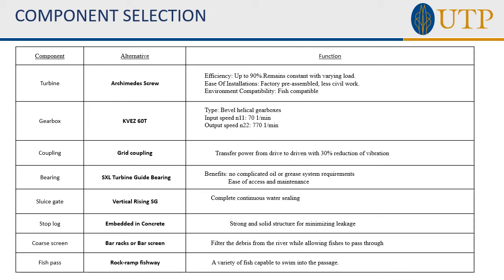Each of the components that we selected has been through a careful and detailed decision to make this project a success. We chose very important parts to assemble the mini hydroelectric system. That's all, and I will pass it to my friend for the next presentation.